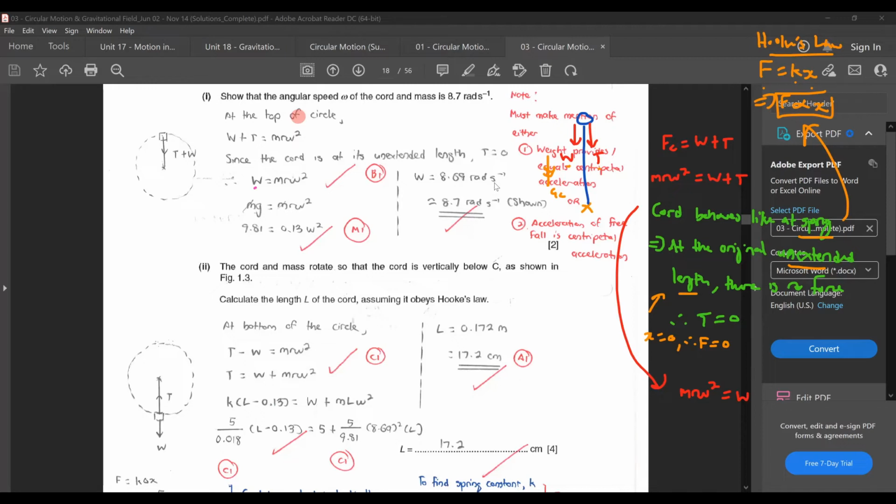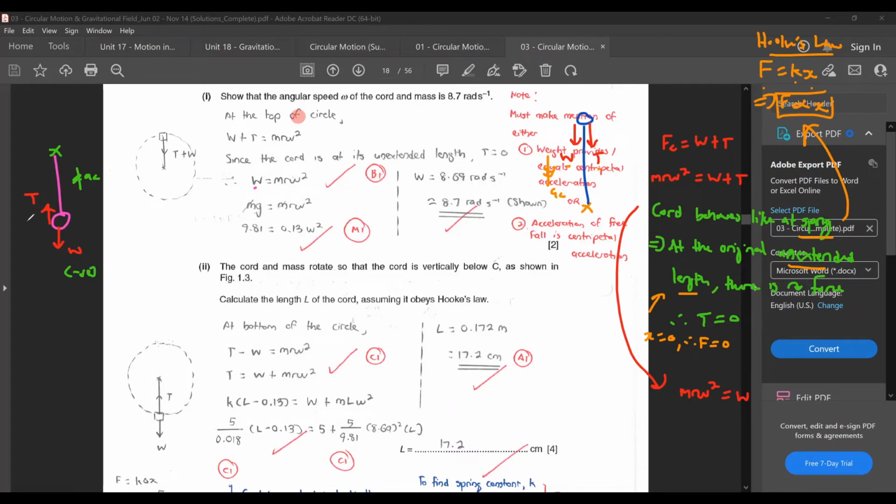If this is the center of your circle, this is your chord, and this is your mass, you still have weight W acting down on your mass, but your tension T would be upwards right now. Your centripetal acceleration is towards the center of the circle. W is opposite to your centripetal acceleration, so this is negative.